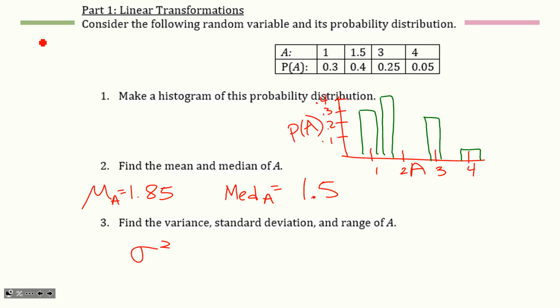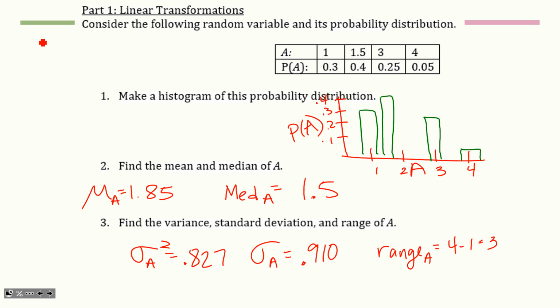So my variance ended up 0.827. My standard deviation of A was 0.910. And my range was just 4 minus 1. I don't need the calculator for that, but that gave me 3, right? All right, perfect. Old news, we know how to do that.